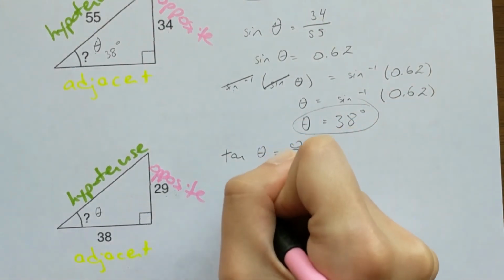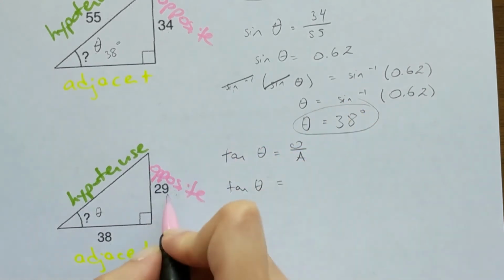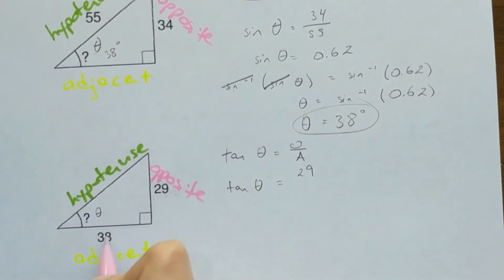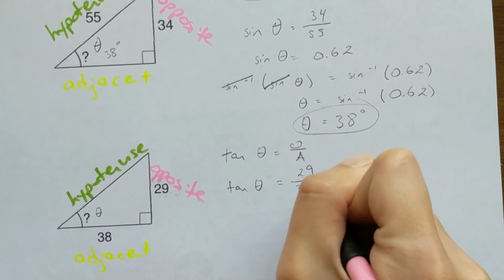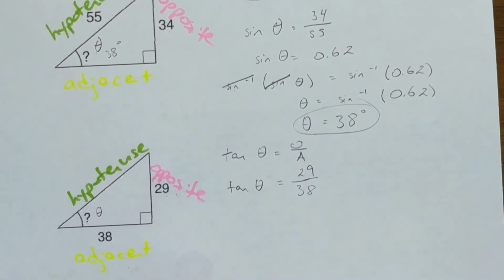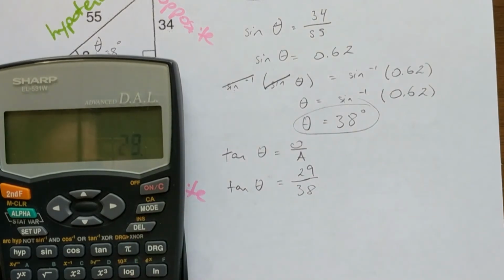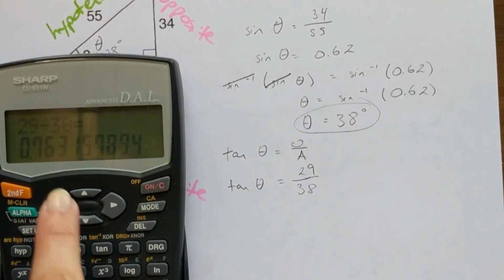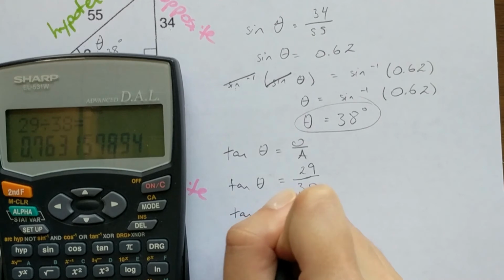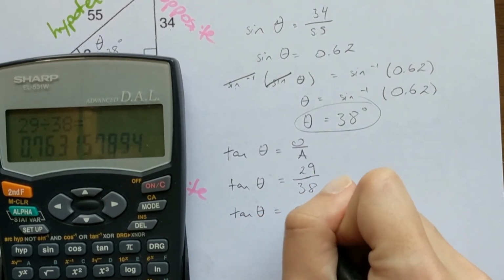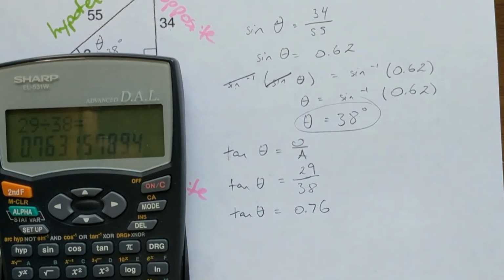I'm going to replace my opposite with 29 and my adjacent with 38. Okay, now I'm going to do 29 divided by 38 to get a decimal. And my decimal is about 0.76. You can usually round to 2 decimal places.